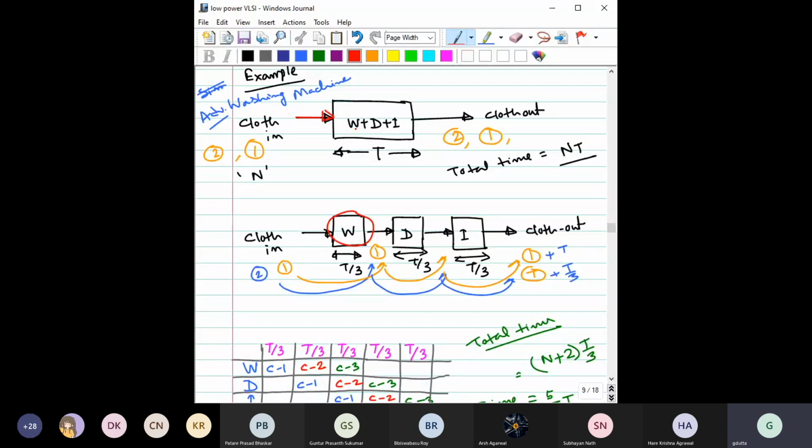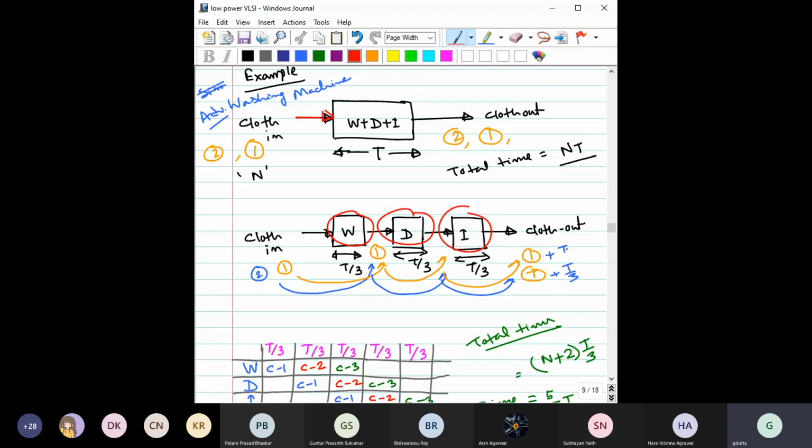Suppose we take the example of an advanced washing machine, right? This washing, drying, and then finally ironing. So instead of purchasing one single machine, you could have purchased three different machines which will perform the operations separately.